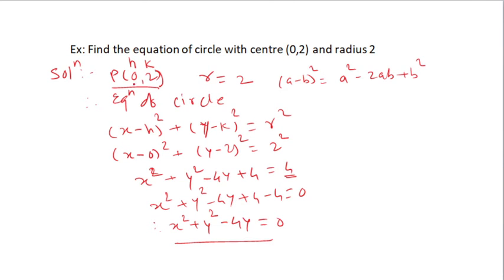Now substitute the value of h as 0, that is (x minus 0) whole square plus (y minus 2) whole square. (x minus 0) square is x square, then (y minus 2) whole square using the formula (a minus b) whole square, a square minus twice ab plus b square. Therefore it becomes y square minus 4y plus 4 is equal to 4. That is x square plus y square minus 4y, plus 4 minus 4 becomes 0. Therefore the required solution is x square plus y square minus 4y is equal to 0. Is it clear?